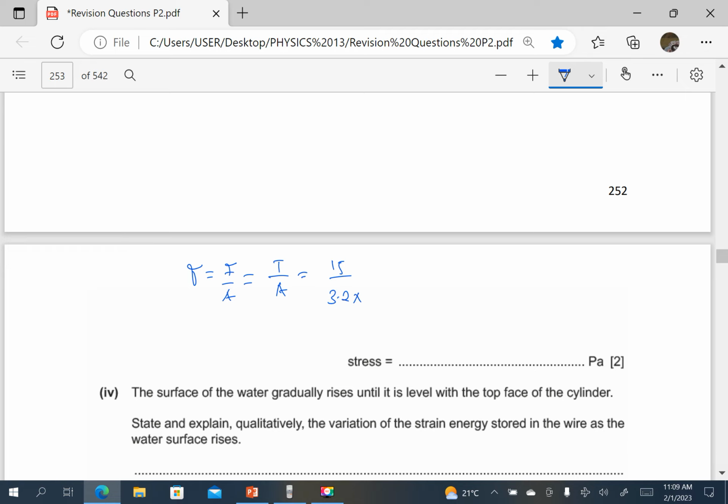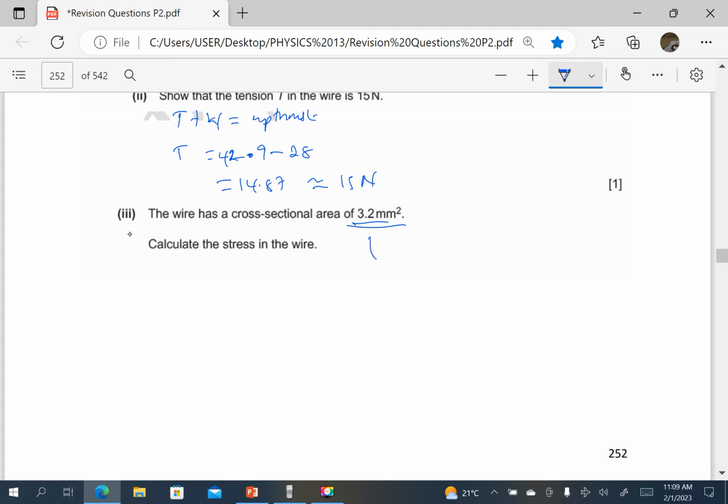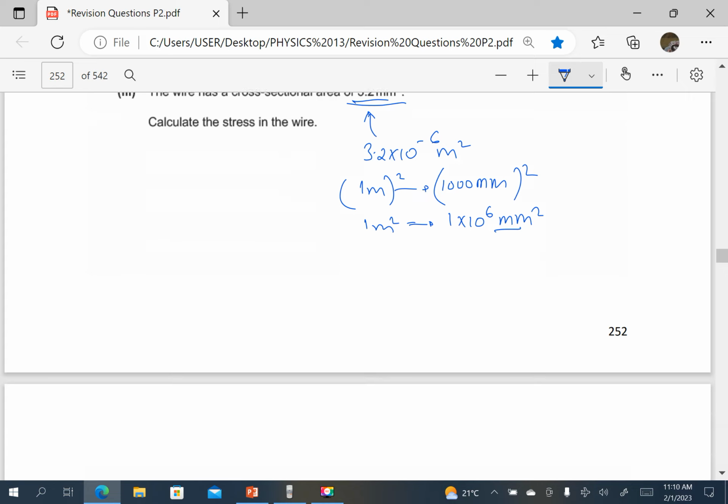To change from millimeters, this is going to be 3.2 times 10 power negative 6 meters squared. If you can't change that, just know 1 meter is equal to 1000 millimeters. So if I want 1 meter squared, I will square the other side. So 1 meter squared is the same as 1 times 10 power 6 millimeters squared. So to change from millimeters squared to meters squared, we multiply by 10 power negative 6.